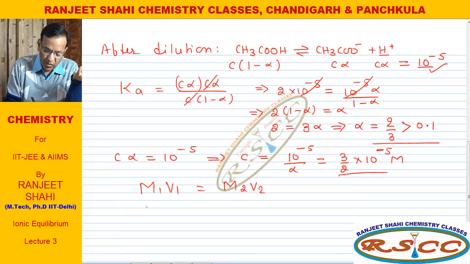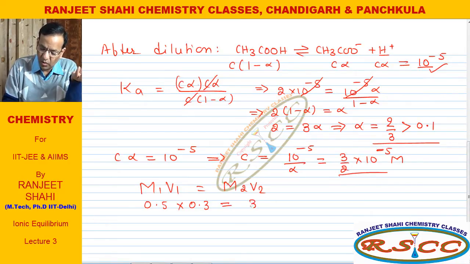So, M1 is 0.5, V1 is 0.3 liter is equal to M2 is now known, 3 by 2 into 10 raised to the power minus 5, and V2 is unknown.